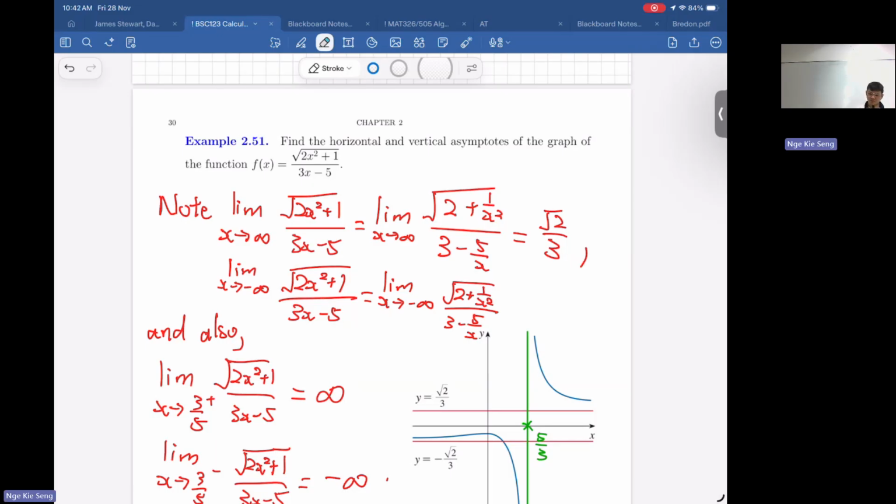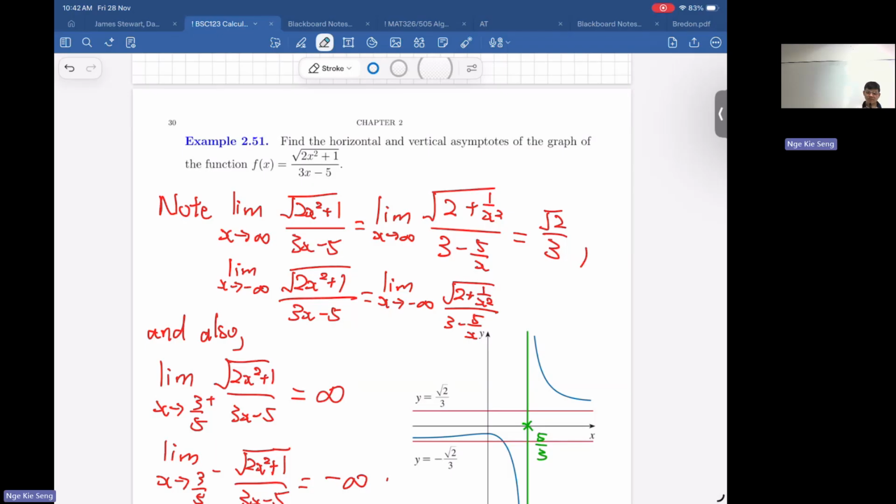It means that if we think x is infinity, is big, then 2x squared plus 1, the 1 is smaller, so we keep 2x squared. So the square root of 2x squared equals root 2 times plus or minus x, like this.